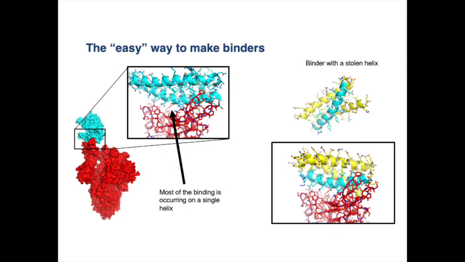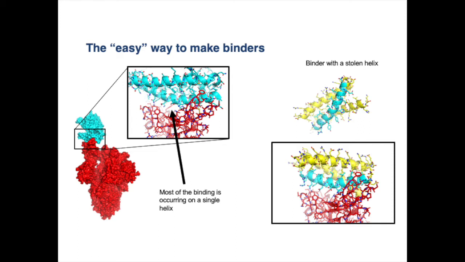The traditional way of doing that is to find an example of an existing protein that binds the location you want. In this case, that was very easy because we know that ACE2 binds the spike protein. We know it binds in exactly the right spot.